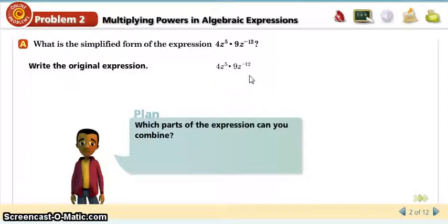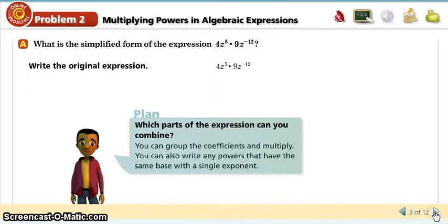So that should give you an indicator that they are similar parts that we could possibly combine. You can group the coefficients and multiply. You can also write any powers that have the same base with a single exponent. So always look for coefficients because you can combine those, and look for like bases whenever you're multiplying in an expression and you're trying to simplify.